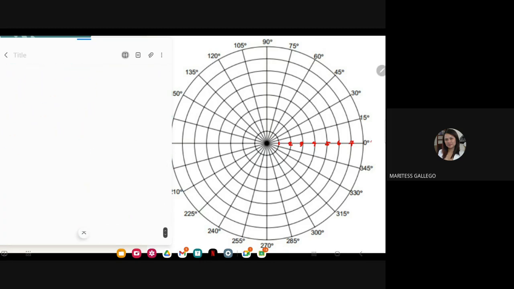Okay, so let's say you were given R. So let's say ito yung binigay na polar. So r is equal to 2 cosine theta.